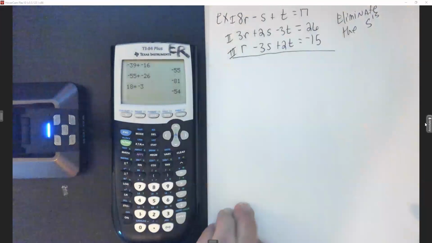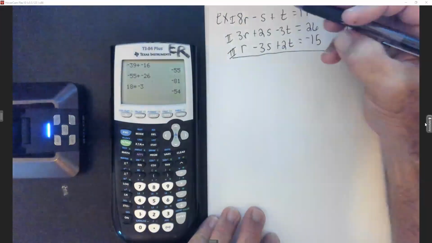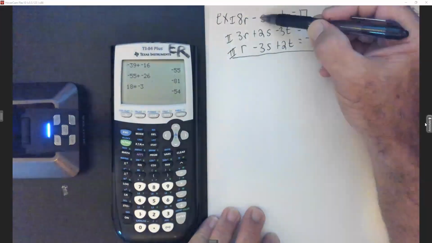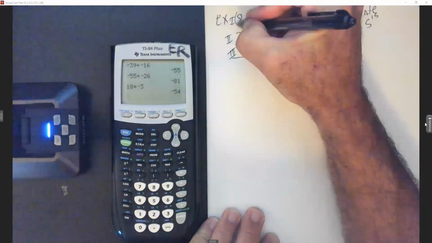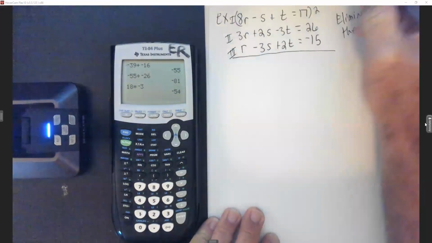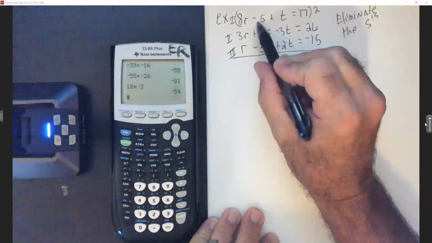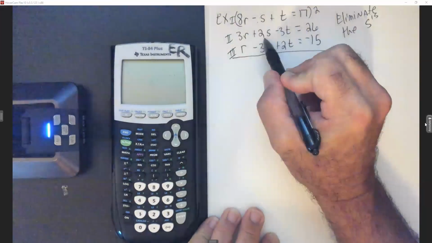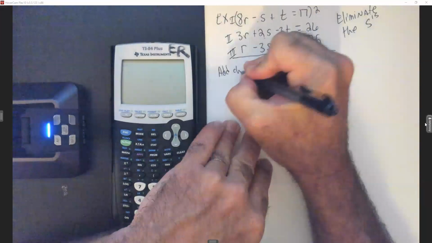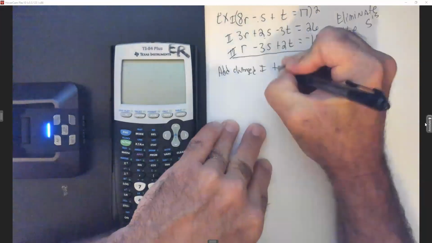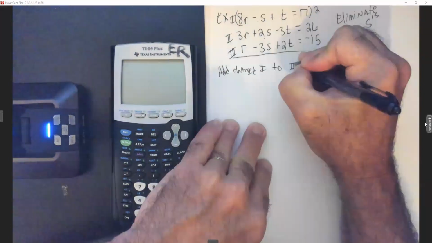Alrighty, so what I'm going to do, since that's a negative 1s and that's a positive 2s, I'm going to multiply this row by a 2. That way, that'll give me a negative 2s. That'll add to the positive 2s. So I'm going to add a changed 1 to my second row.